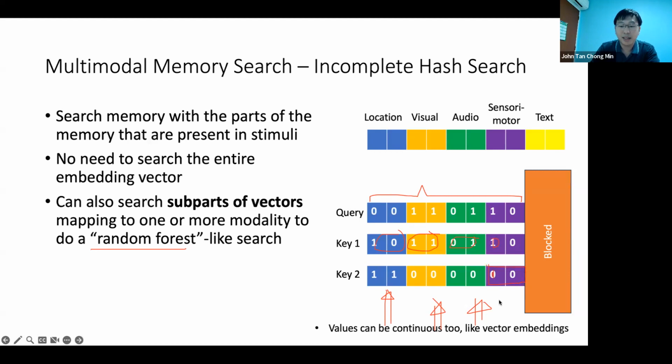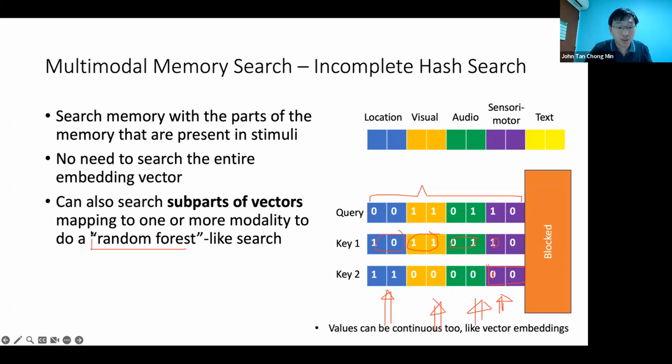So you could do some kind of random forest matching where you block out certain modalities and then extract out the data, so that you can be a bit more robust to noise, because maybe you encoded it wrongly. Because of that, when you do your consolidation later on, you have more candidates to compare to, and you might find a better answer.